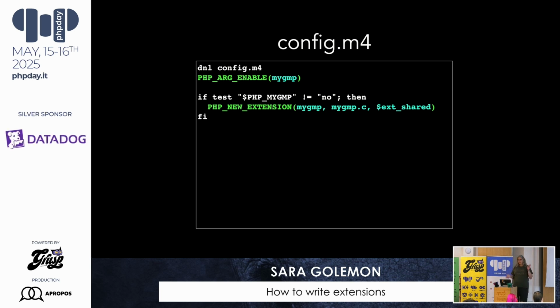By convention, we use enable/disable for extensions that do not have external dependencies, like external libraries, and with for ones that do. Right now, we don't have external dependencies, so we're calling it enable. But the only line you really need for most third-party extensions is this new extension until you've done something more interesting.